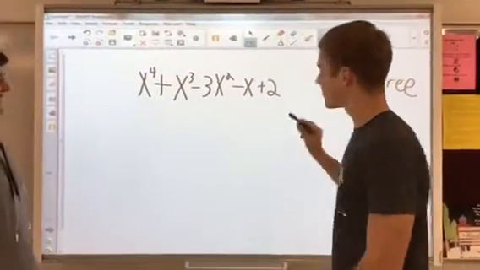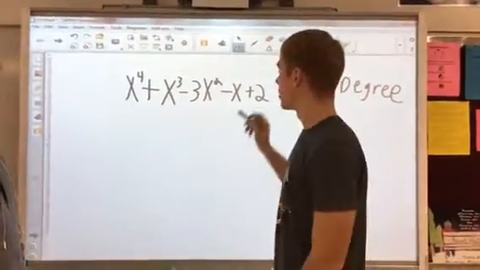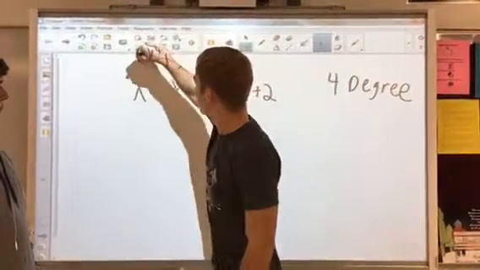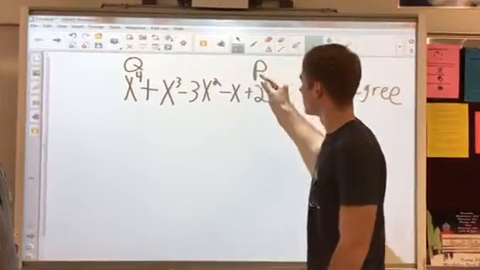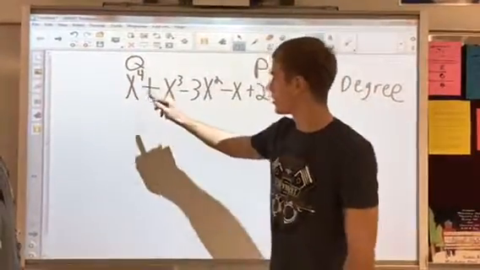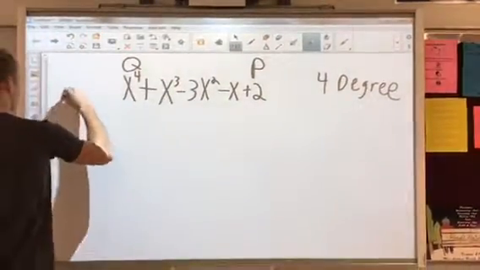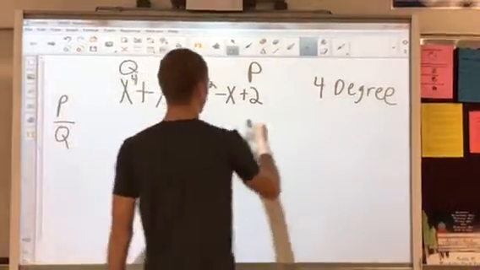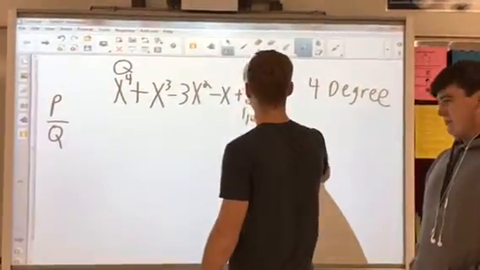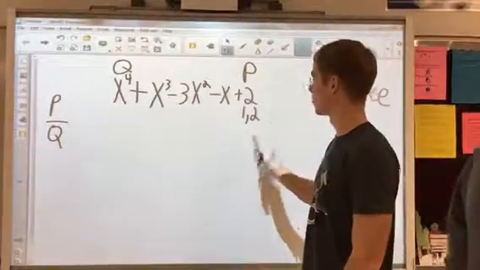So, in order to find these factors, we will first find the factors of our Q and our P in this equation, and that will go as follows. Our P term is a 2, so the factors are 1 and 2.